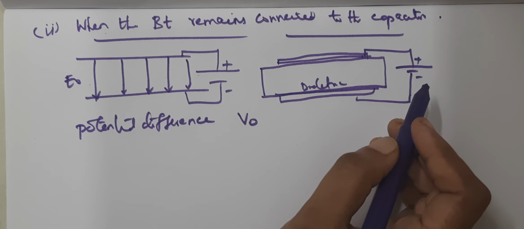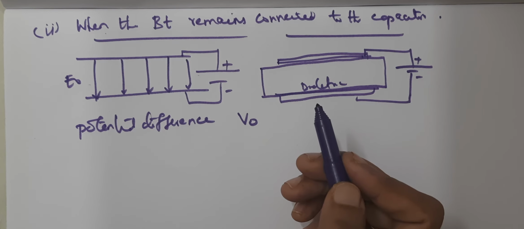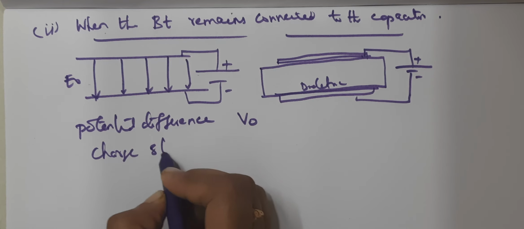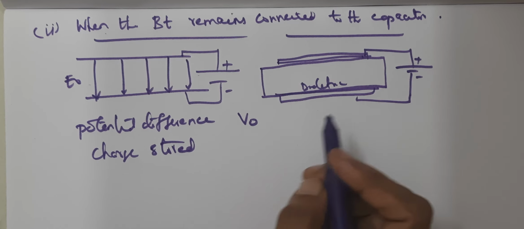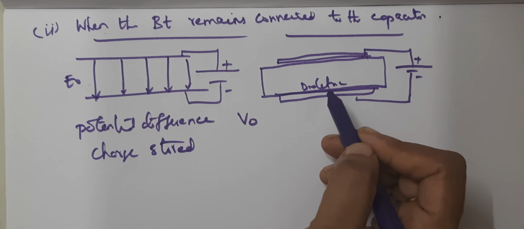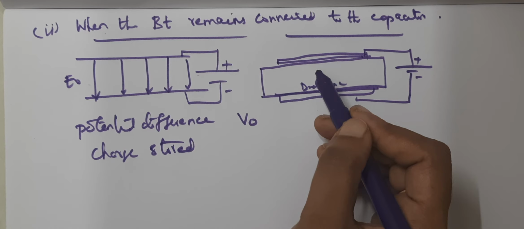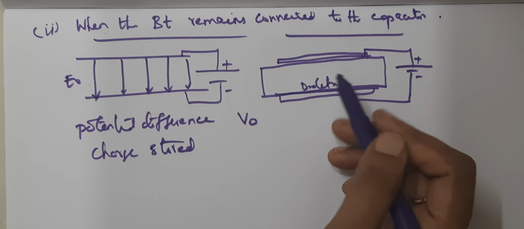And the charge stored in the capacitor will increase, because the battery is continuously connected to this capacitor, so it is continuously supplying charges to it.